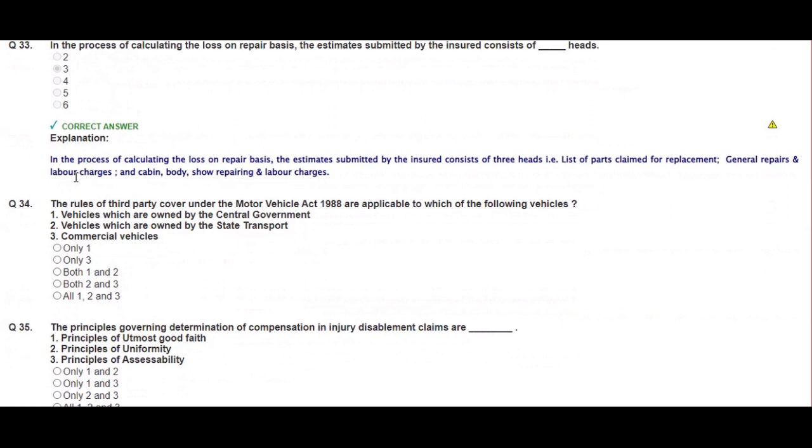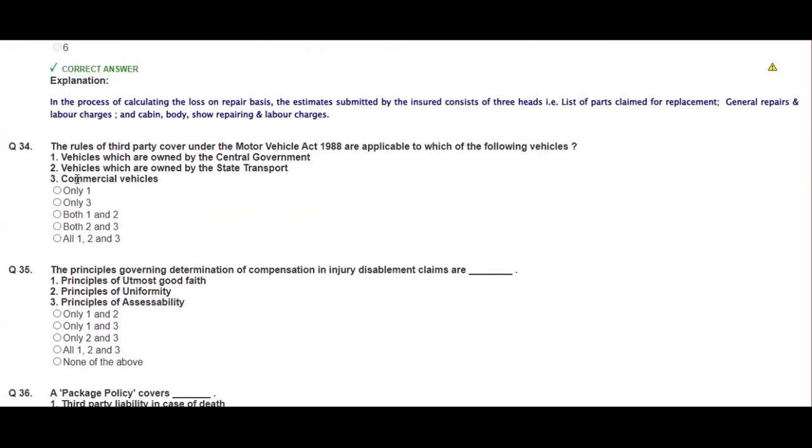Read one explanation. In the process of calculating the loss on repairing basis, the estimate submitted by the insured consists of 3 heads: list of parts, general repairs, and body and other labor charges.